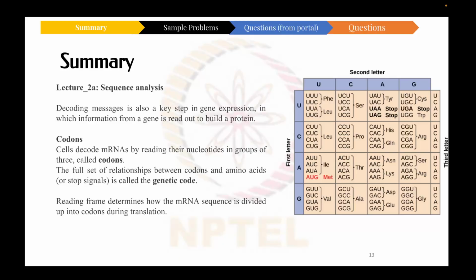This codon table serves as a universal guide for translation of genetic information into proteins, ensuring consistency in protein synthesis across different organisms. There is one concept called genetic code redundancy. The genetic code is degenerate, meaning that multiple codons can code for the same amino acid.